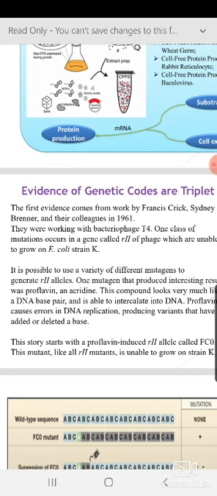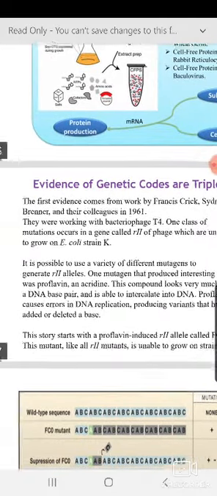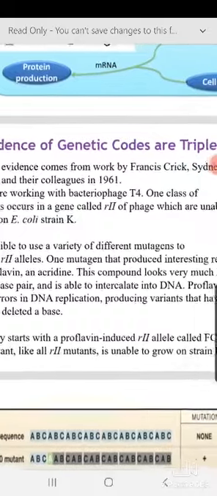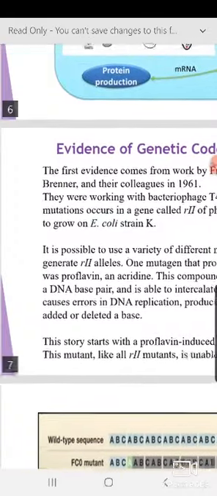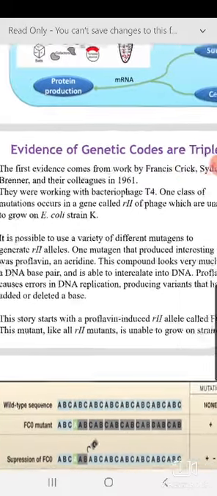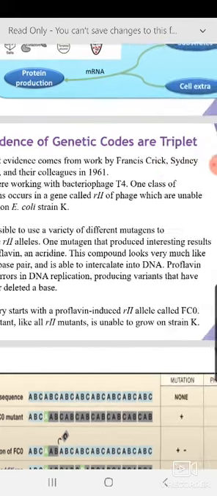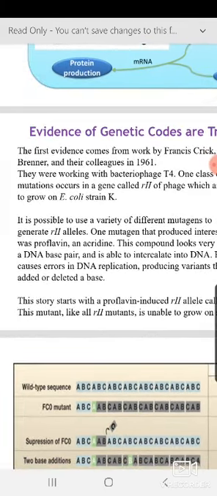So one mutagen that produced interesting results was proflavin, an acridine. This compound looks very much like a DNA base pair and is able to intercalate, as I mentioned, into DNA. Proflavin causes errors in DNA replication, producing variants that have added or deleted bases.